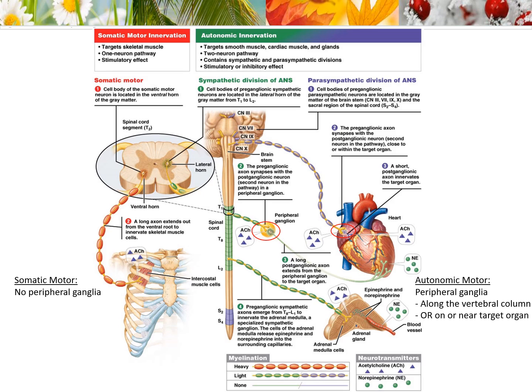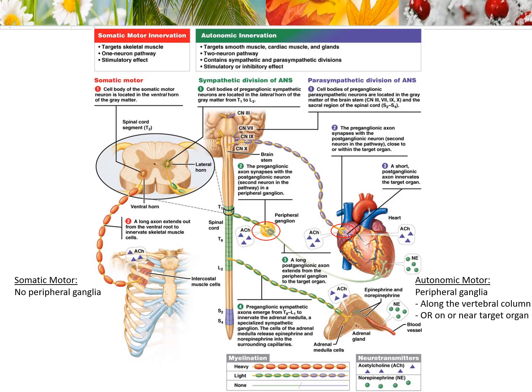So we do have ganglia out in the peripheral nervous system, and we use those in the autonomic nervous system. So we have two neurons in a chain, and then those postganglionic neurons from the chains are not myelinated at all, so they're non-myelinated, okay? So those are the differences I just wanted you to point out.